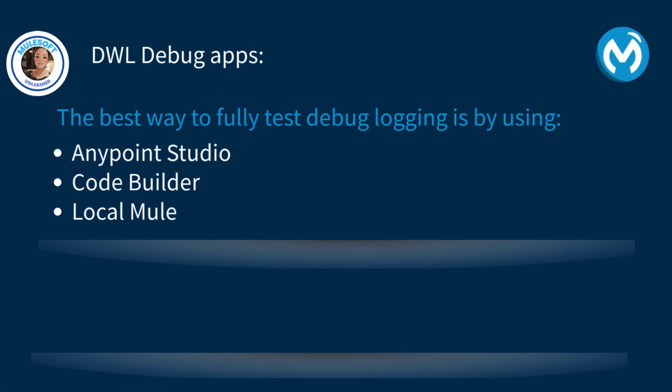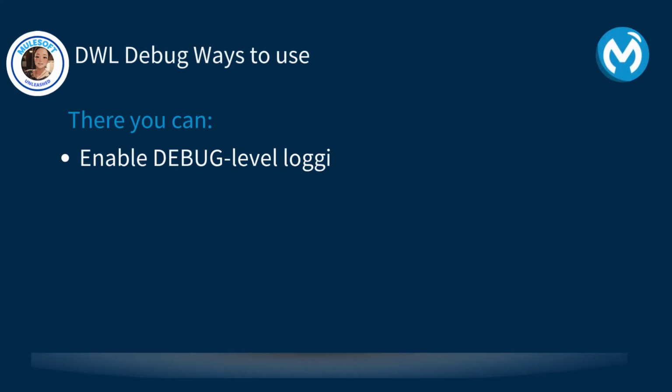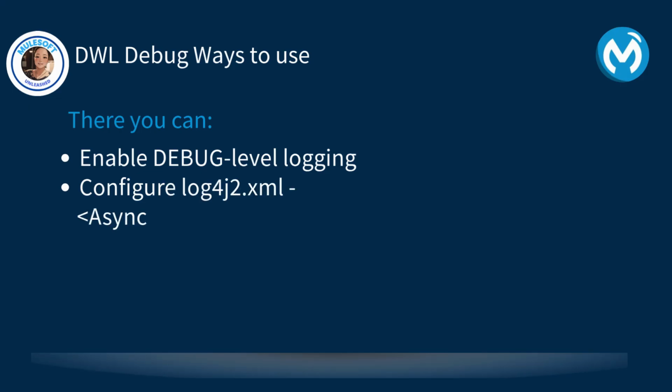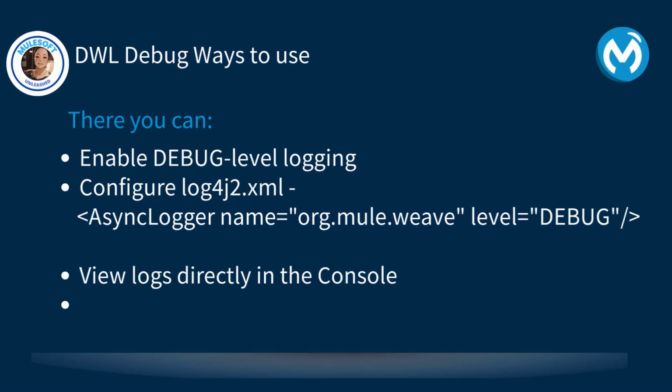The best way to fully test debug logging is by using Anypoint Studio, Code Builder, or a local Mule runtime. There you can enable debug level logging, configure log4j2 XML, view logs directly in the console, and test real Mule event payloads and variables.